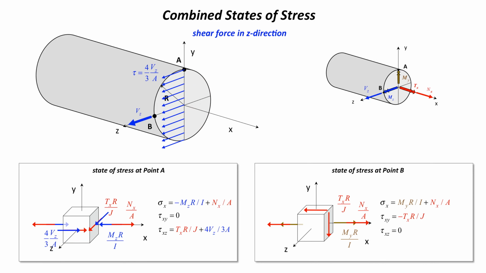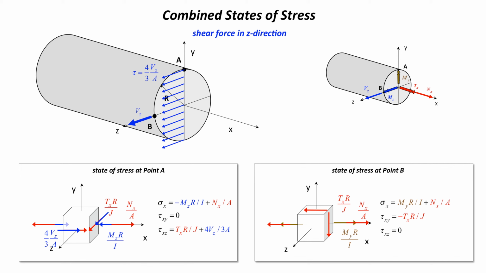If I put a shear force in Z, we know with the equations we have derived for the bending beams with a shear force, that the maximum shear stress is going to appear on the neutral axis for that kind of loading. So that says here at A, we're going to get a shear stress, which is 4/3 Vz over A, which is shown here.